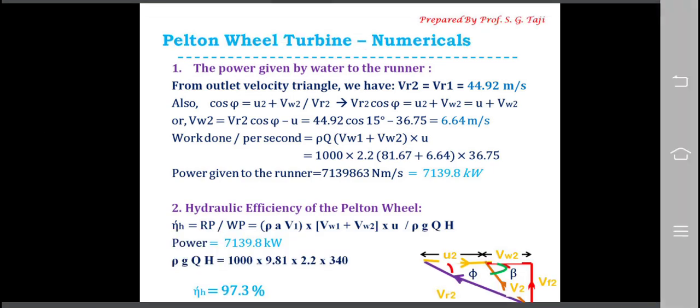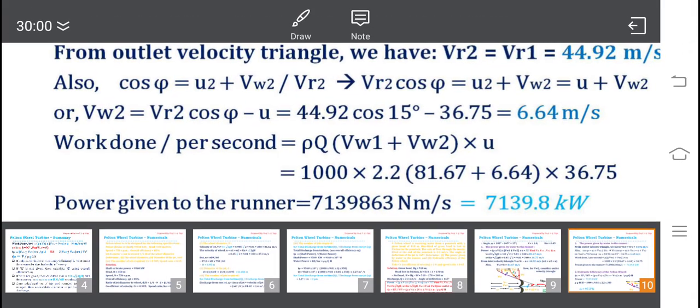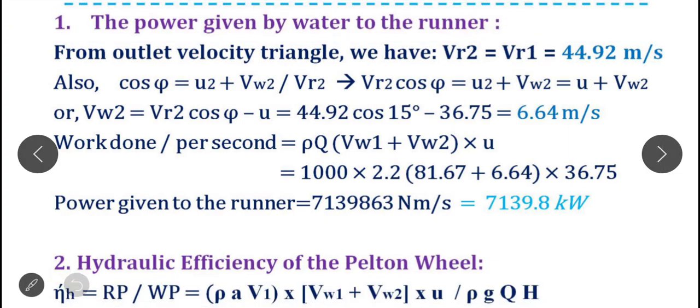Therefore, for the power given by water to the runner, from the outlet velocity triangle we have VR2 is equal to VR1, that is equal to 44.92 meters per second.